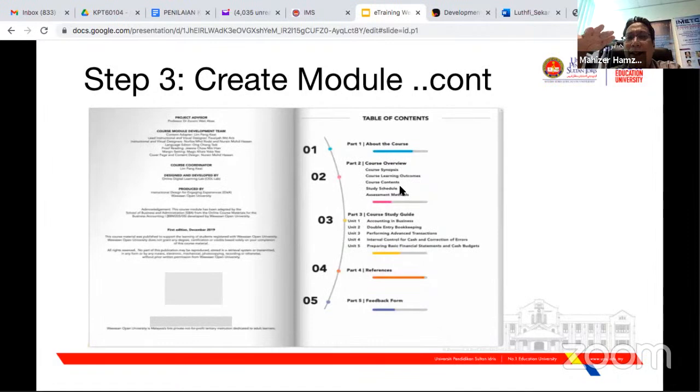Sometimes there is also a guide on how to use the module, because, for example, in a certain module you are using certain icons. For example, you put a question mark, which means a student has to think about it. You use an icon like paper and pencil, which means you have to answer the question.